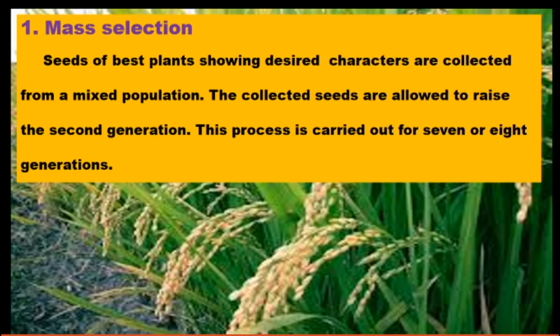What is mass selection? The seeds of the best plants showing desirable characters are collected from the mixed population. While they are cultivating the plants, some unwanted or other species may be growing among the particular species. So they collect the seeds which have the desirable character from the mixed group.